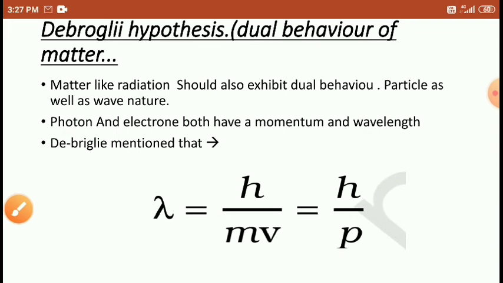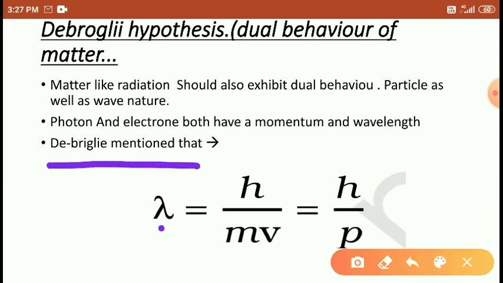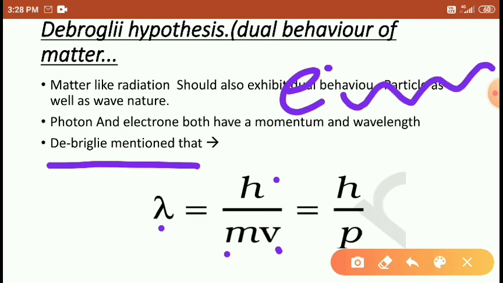Right, students? Okay. So de Broglie mentioned that the wavelength lambda is equal to h by mv. Lambda is equal to h by mv. He showed that the electron, which has particle mass, moves with a fixed velocity v. When it moves with a fixed velocity, it exhibits a certain wavelength.